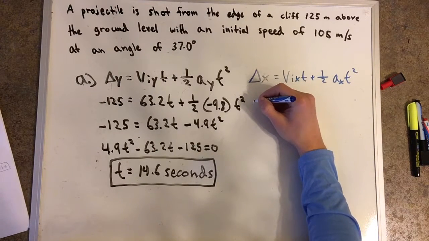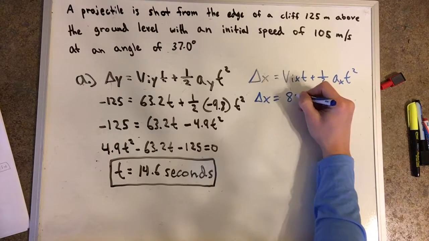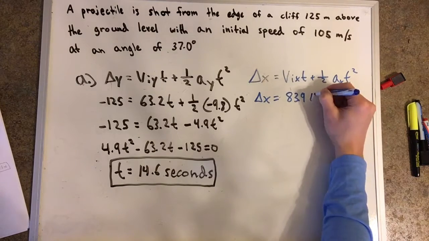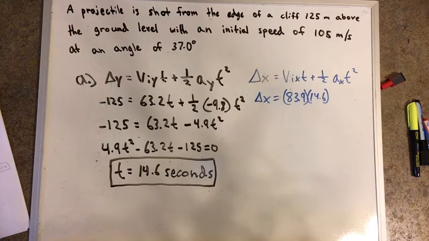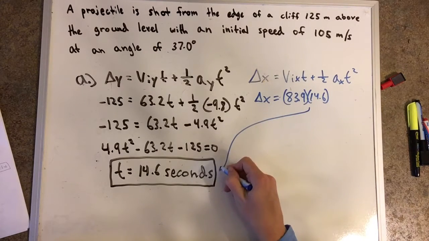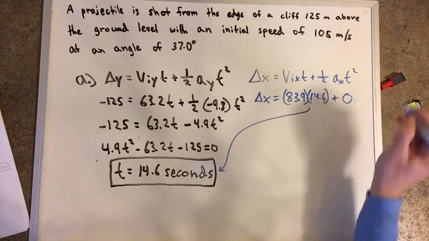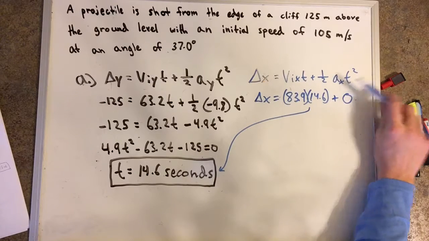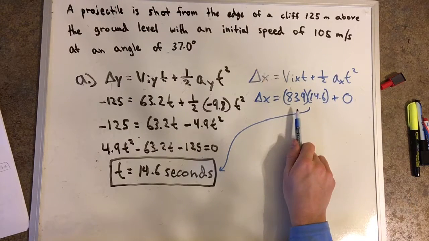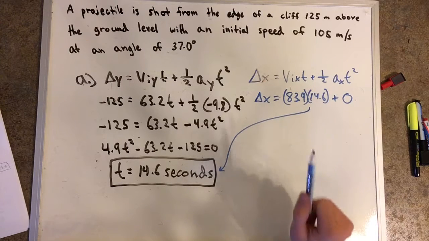Next, you plug in the variables. Delta x is unknown, equals 83.9 times 14.6, which was from the previous problem, plus 0, because acceleration in the x direction is always 0. 83.9 is derived from 105 cosine 37 degrees.